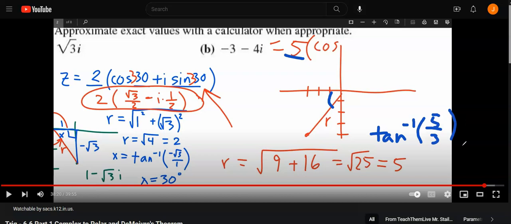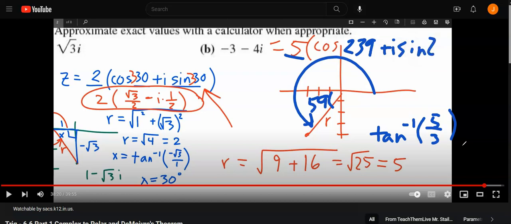So that'd be tangent inverse 5/3, which, using my handy dandy calculator, gives me 59 degrees. So inside here is a 59-degree angle. When I bring it around, that would be 180 plus 59 degrees, or 239. So when I do this, it'd be cosine 239 plus i sine 239. That's the final answer to this question.